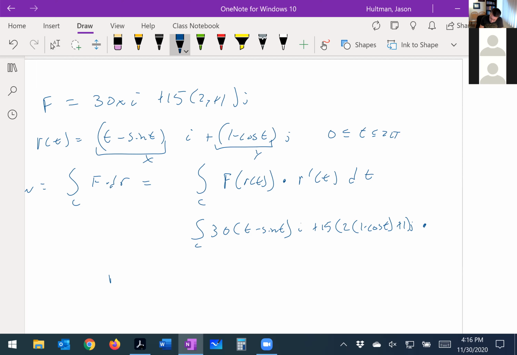R prime of t is going to be equal to (1 minus cosine t) i plus sine t j. Looks good, so that's going to go over here: 1 minus cosine t i plus sine t j.